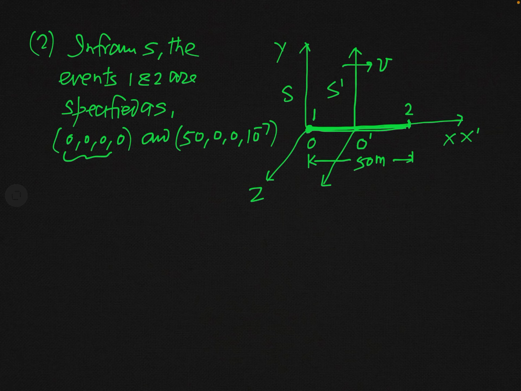It means the observer O prime will note that the event taking place at point 1 and at point 2 are actually taking place at the same time. So now let us specify these two events in frame S prime. But for this we have only to know the time at which these two events will take place with respect to the frame S prime.